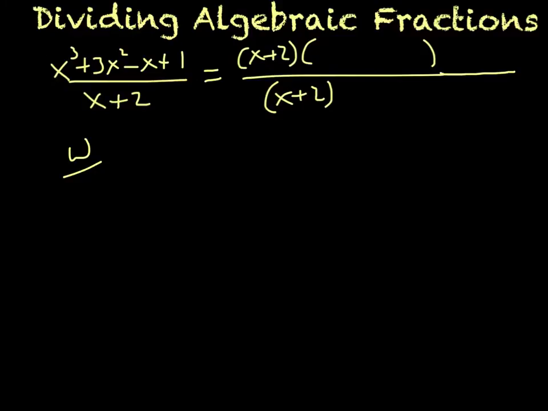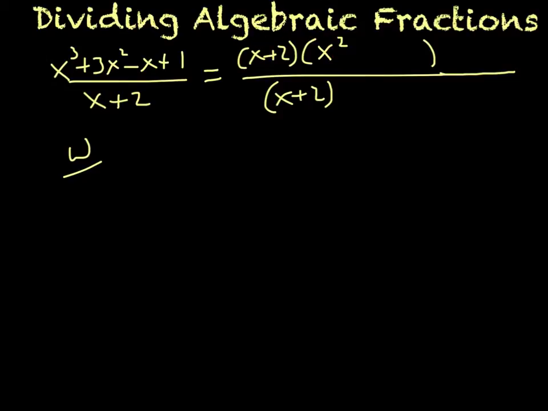So let's get this structure going. We're always going to write our denominator here, keep the denominator, and we're going to write it in the numerator as well. And then we're going to find out what we need to times this by to make it look like this. And this is what this working section is for. This helps me keep track of where I am. So first off, I need to try and make x cubed. The only way for me to make an x cubed is if I times this bracket by x squared.